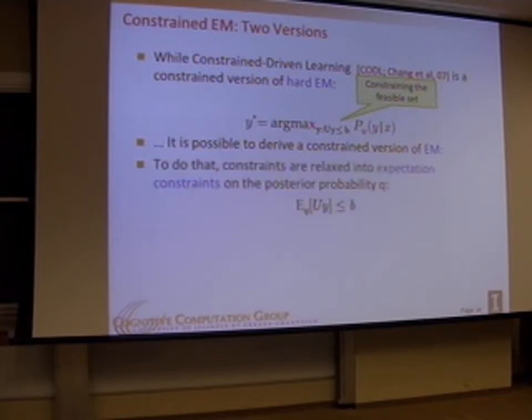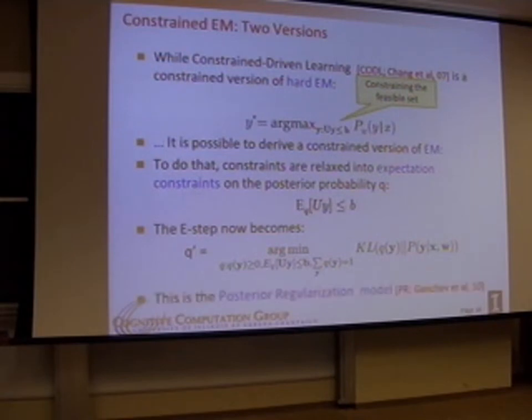Now, this is CODEL, but it's possible to derive a constrained version also of EM. In order to do this, you actually have to relax the notion of constraint to expectation constraints. And really, this has been done. Of course, this modifies the E step to the EM step constrained via this expectation constraint. And this really is an algorithm that was developed by Ben Taskar's group a few years ago called posterior regularization.